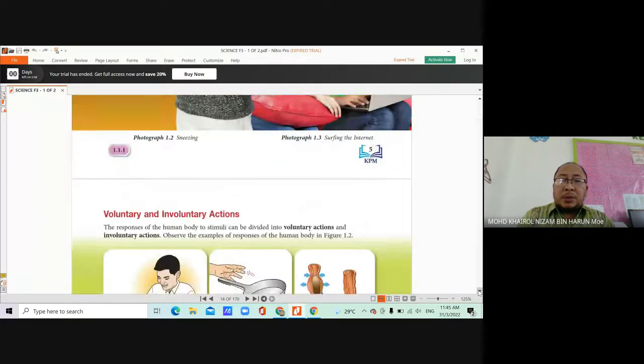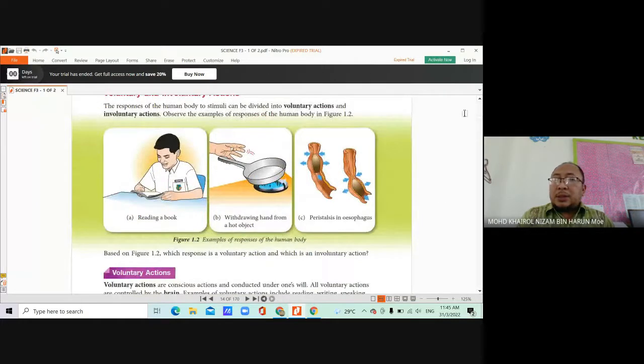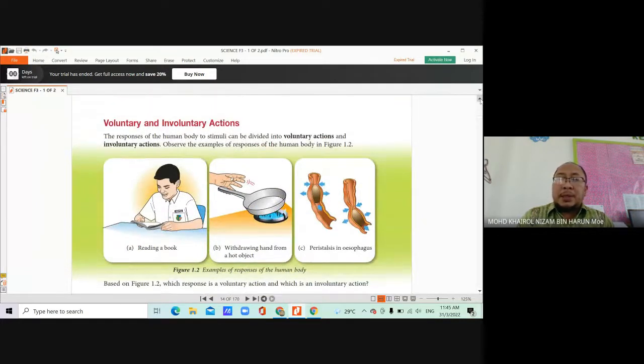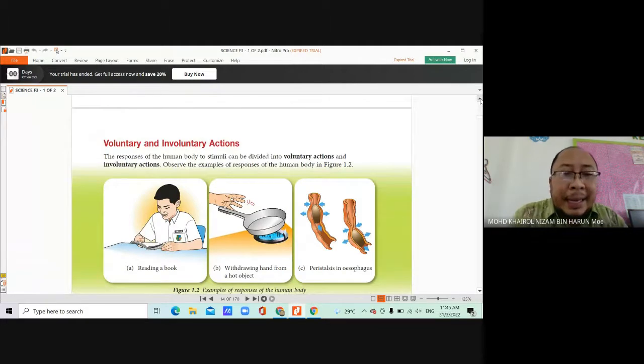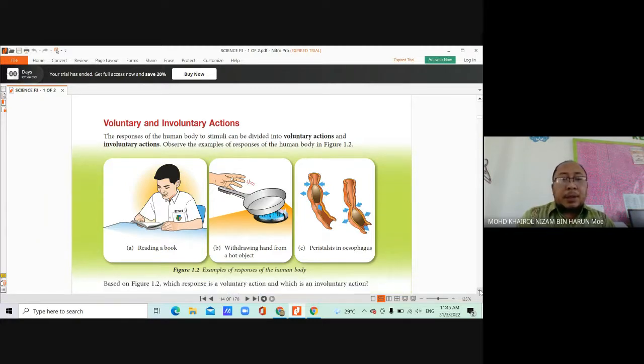Okay, so now you have learned also about voluntary and involuntary action. Voluntary and involuntary action, dalam BM maksud dia, voluntary maksudnya sukarela, and involuntary tidak sukarela.